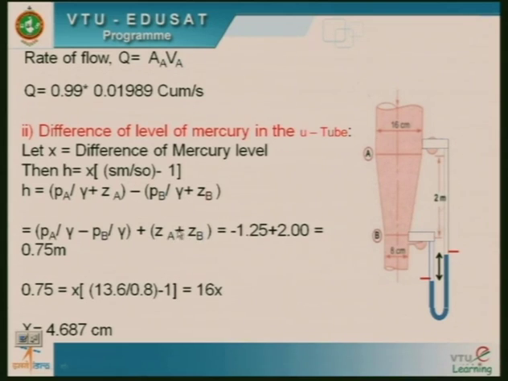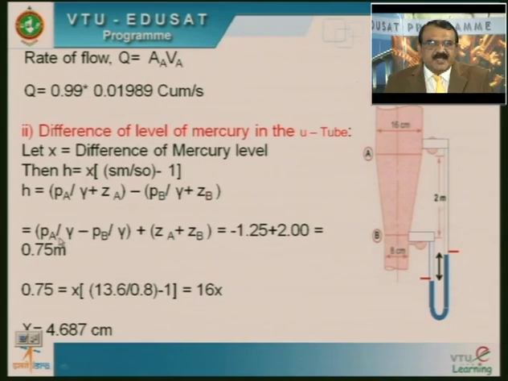There is a correction here, please correct this, it is minus ZB. Remember, PB by gamma minus PA by gamma, which we calculated earlier, is 1.25. Again I am looking for PA by gamma minus PB by gamma, therefore it is minus 1.25, and this difference is 2 meters. Therefore it is minus 1.25 plus 2, which works out to be 0.75 meters.